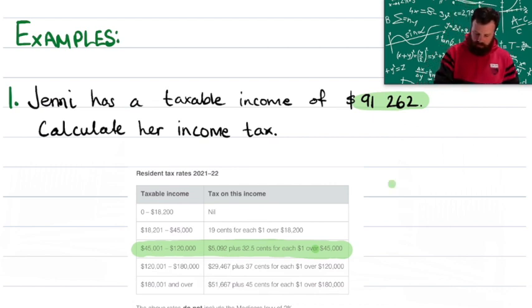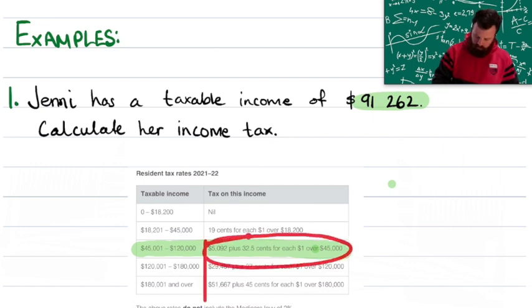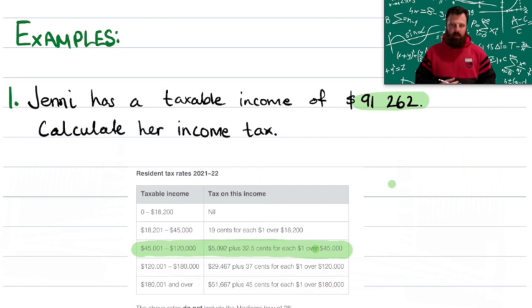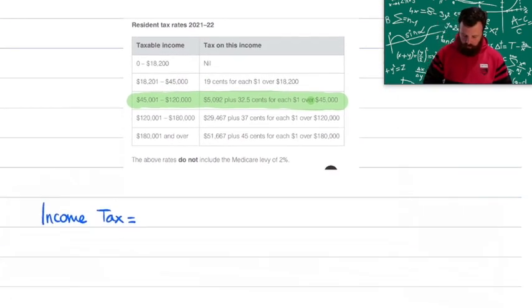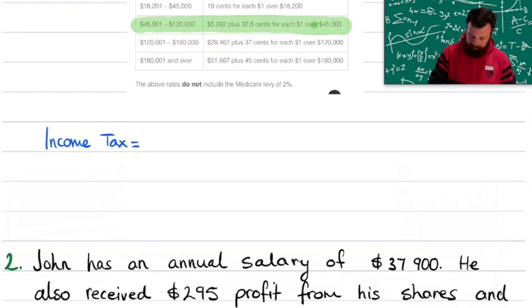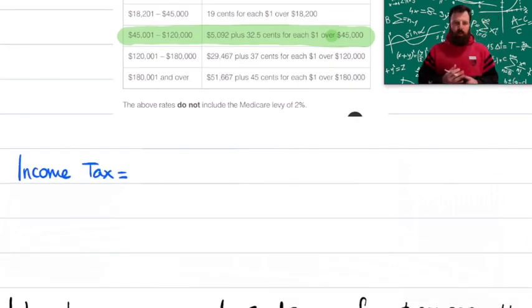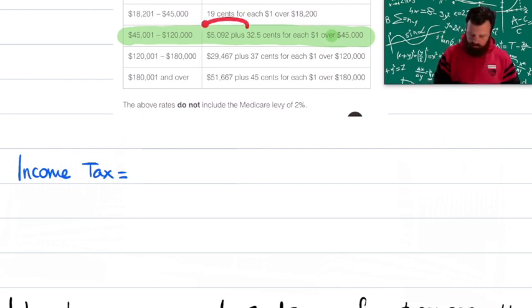So if that's the row she falls in, we just need to follow these instructions to figure out how much tax Jenny needs to pay. All right, so her income tax, if we read those instructions, is $5,092. So that's the first thing I'm going to write down.